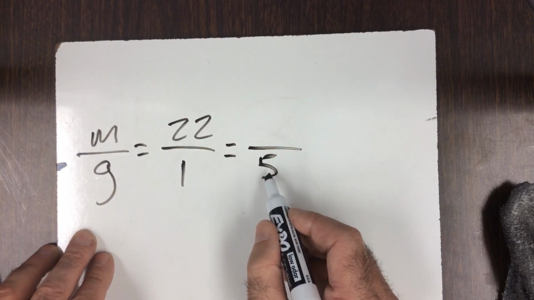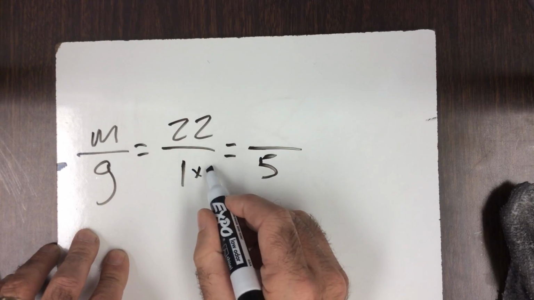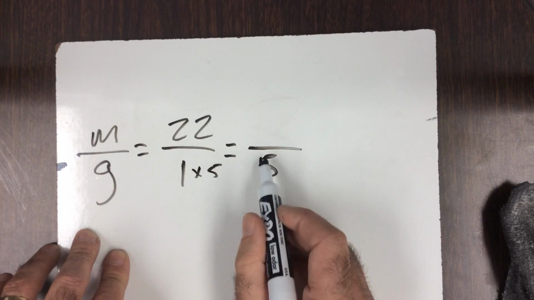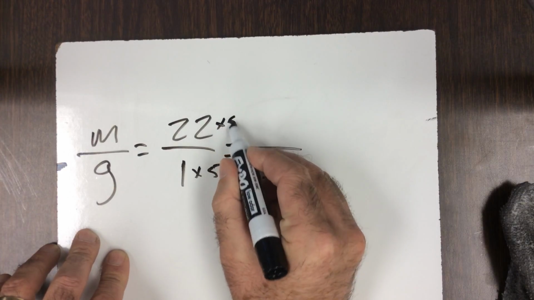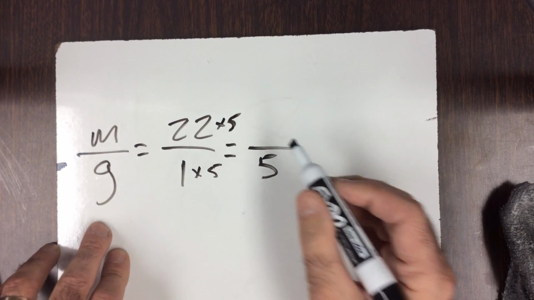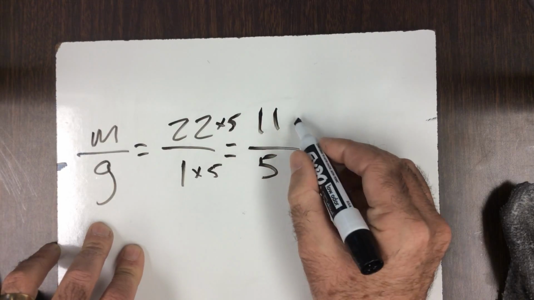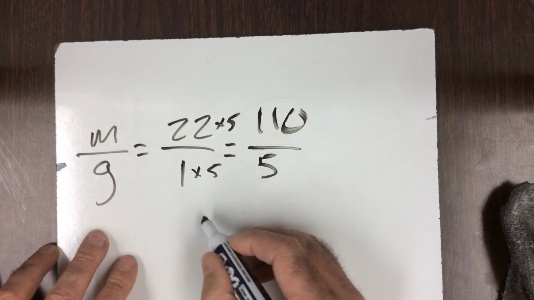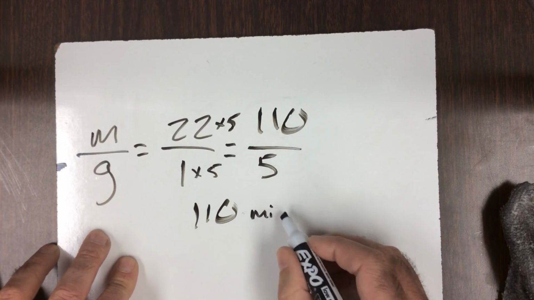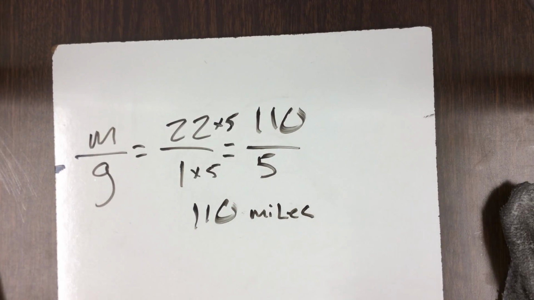We can see the relationship pretty easily. 1 times 5 gives you this number, so 22 times 5 will give you your answer. 22 times 5 is equal to 110, and let's not forget the units: 110 miles they can travel on 5 gallons of gas.